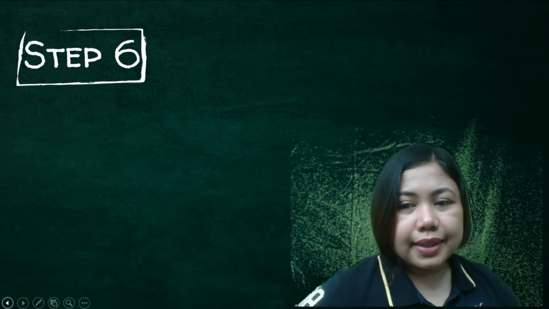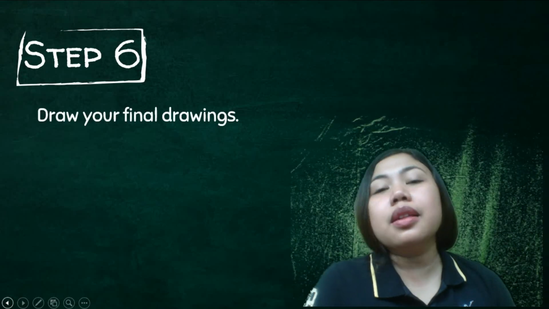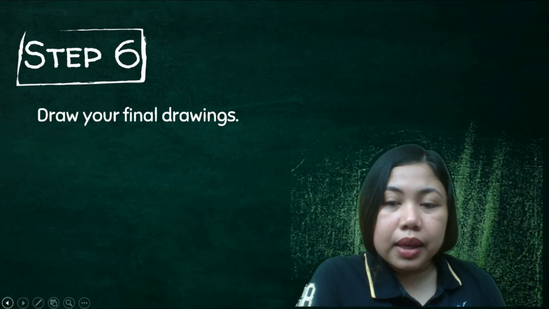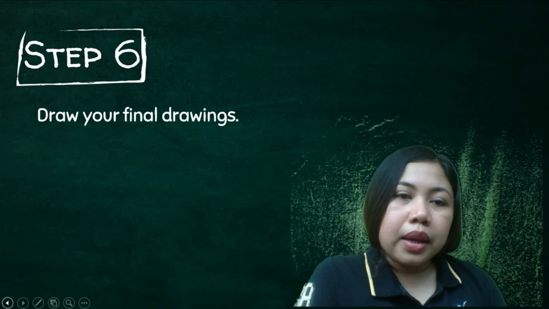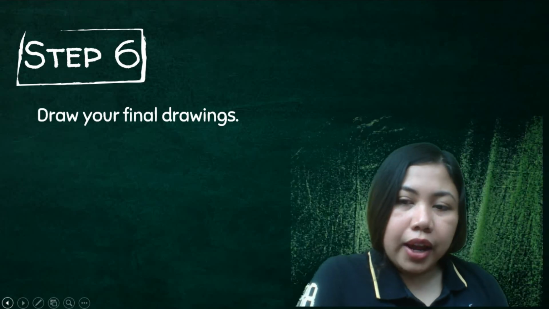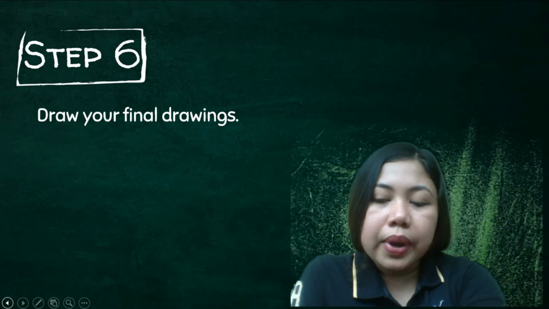Step number 6 is you draw your final drawing. So after considering all the comments coming from the role making exercise, and the comments coming from your friend or mentor, you are now ready to draw your final drawings.